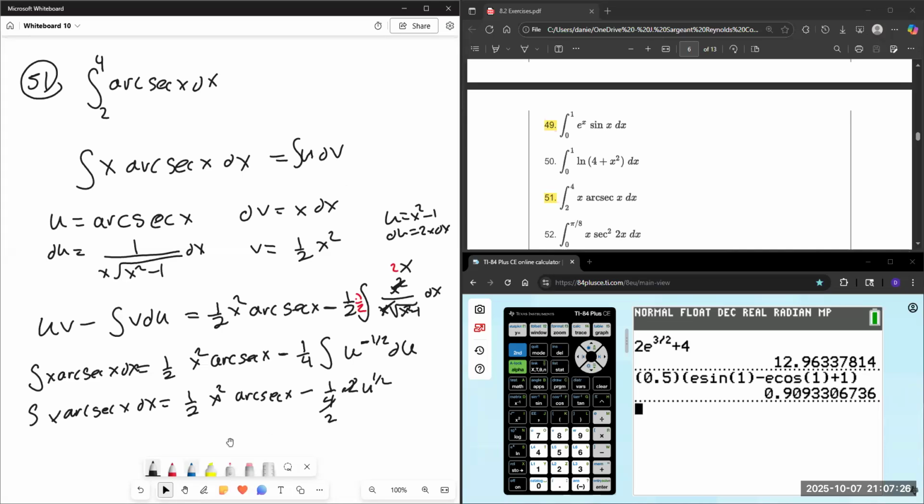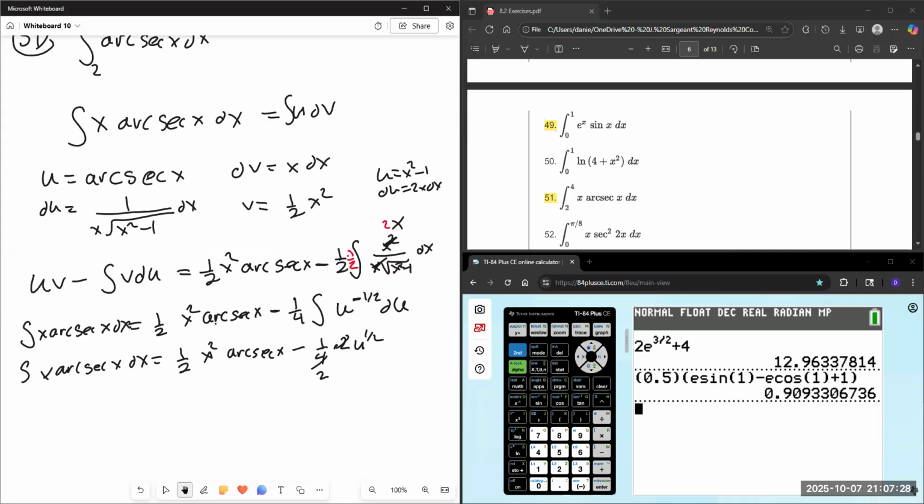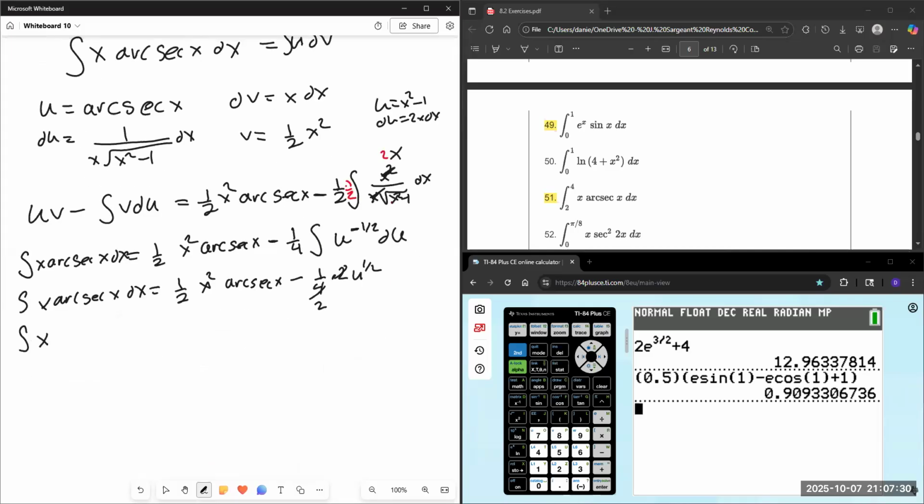So my integral of x arc secant of x dx is equal to 1/2 x squared arc secant of x minus 1/2, and then u was x squared minus 1, to the 1/2 power.